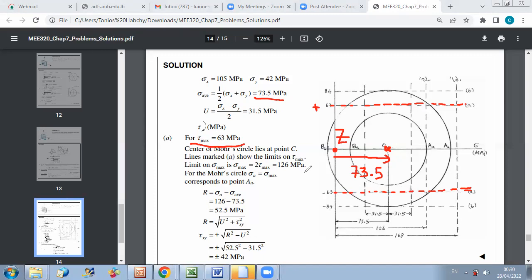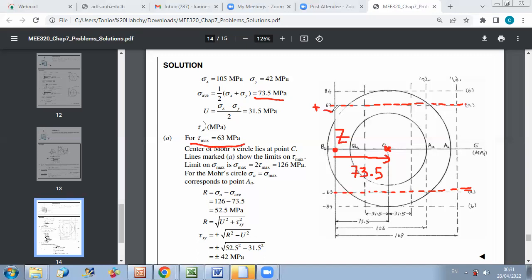I can say then that for the first scenario, if I take the following maximum, I should determine if it's in plane or out of plane stress. Okay, we know that the distance between point C and point Z is equal to 73.5, which is larger than the value of 63.